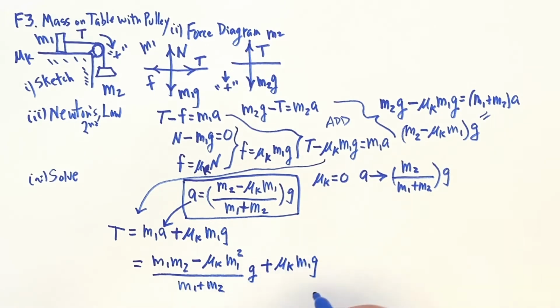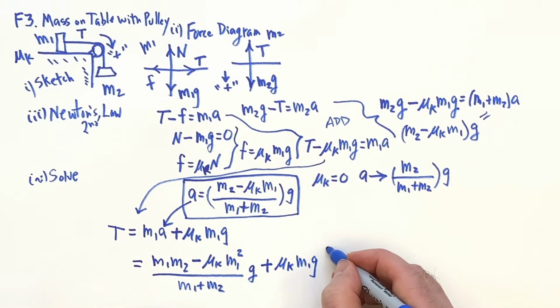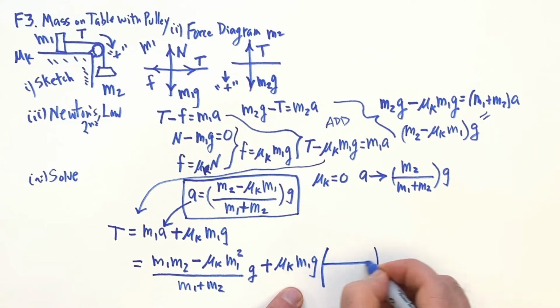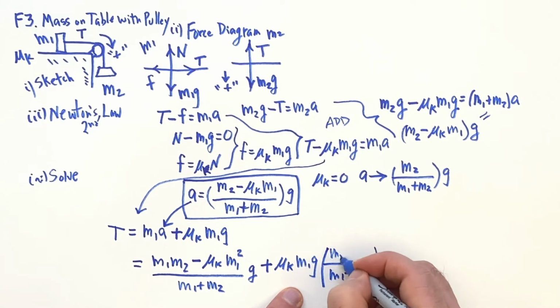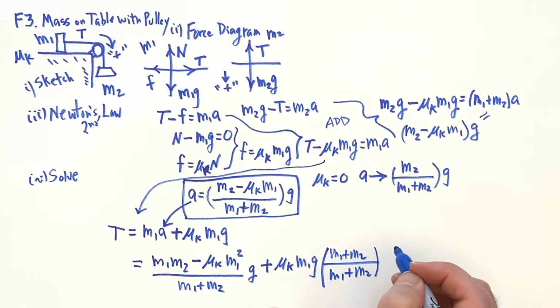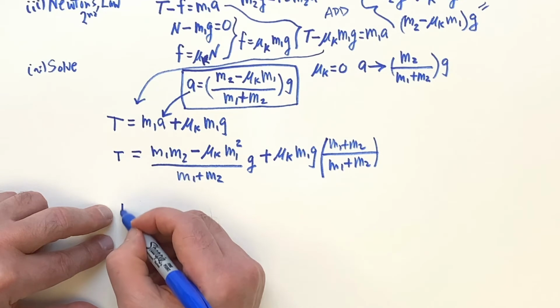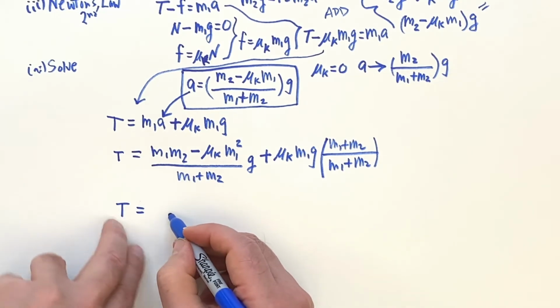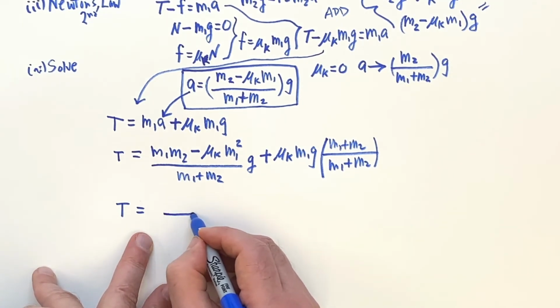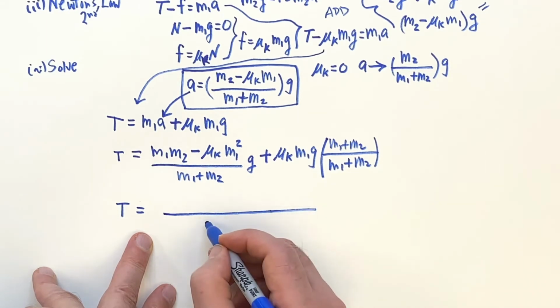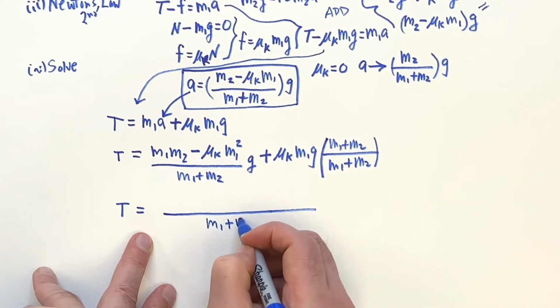Now if I want to add these together, what I'm going to do is multiply the top and bottom of this one by the sum of the masses. All right, so if I do that, then I'm going to have in the denominator M1 plus M2.